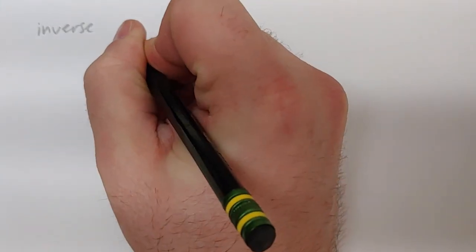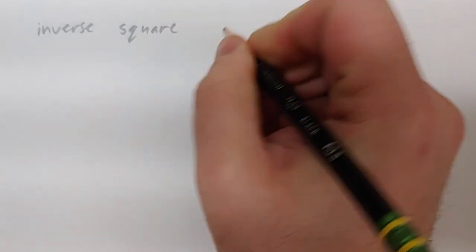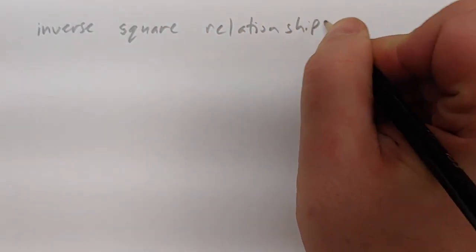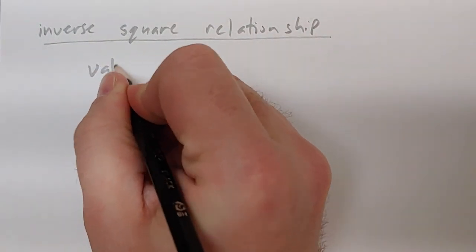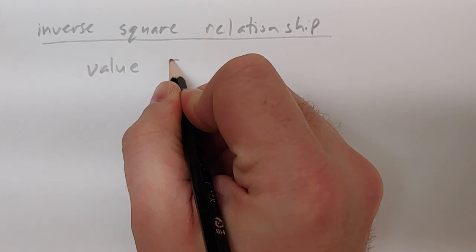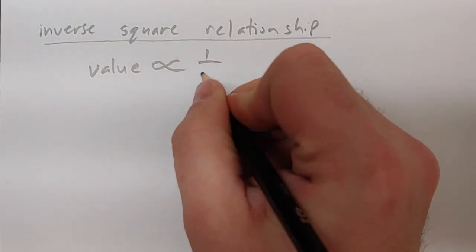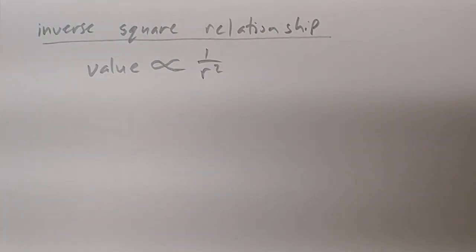So if we've got an inverse square relationship, that means that our value is going to be proportional to 1 over whatever our radius squared is.